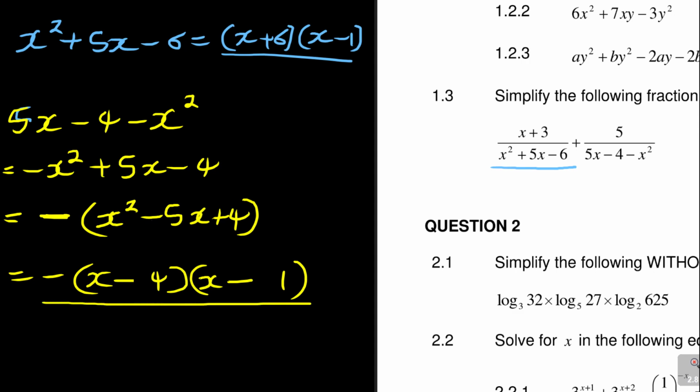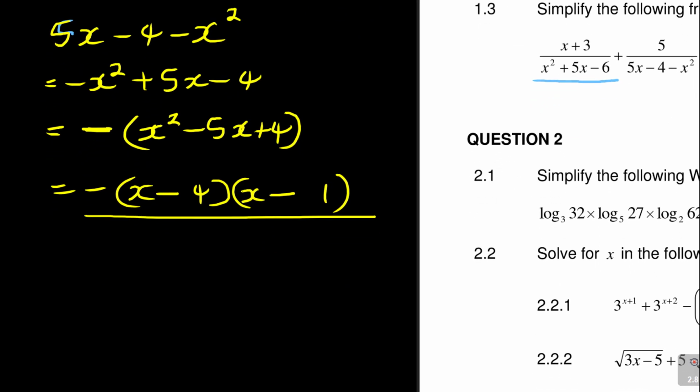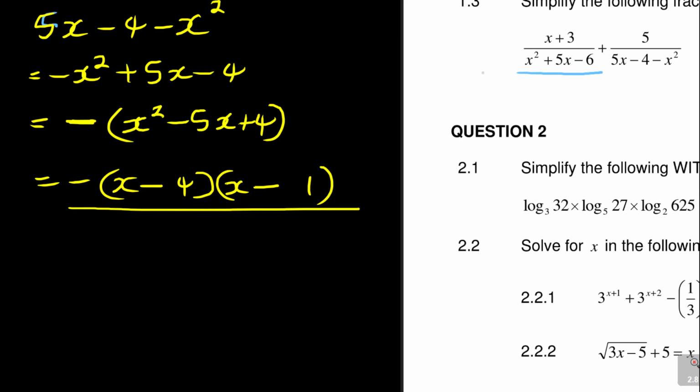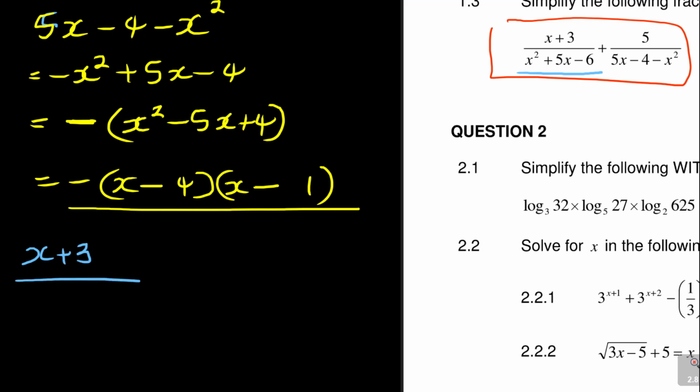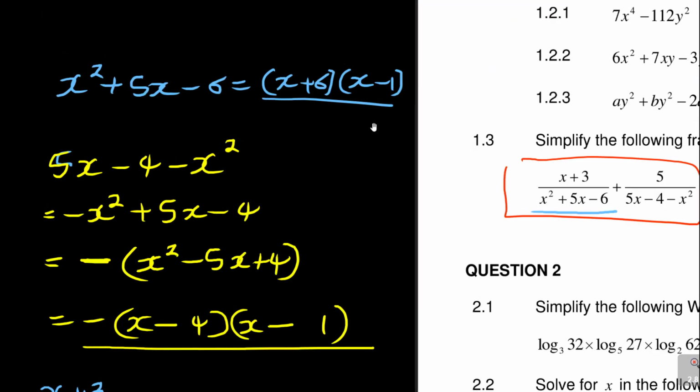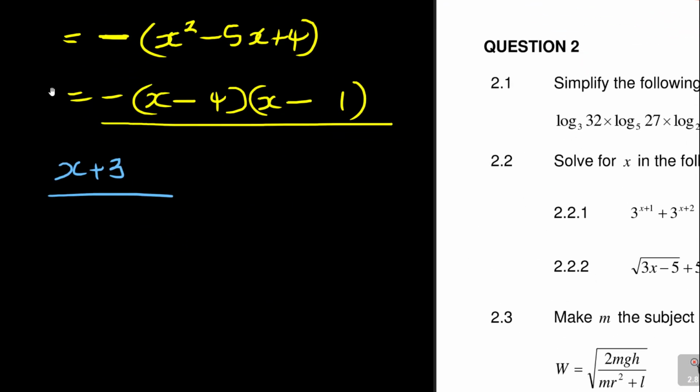So this is the factorized version, such that when I write this thing together now, it will be x plus 3 over, but this x squared plus 5x becomes x plus 6, x minus 1.